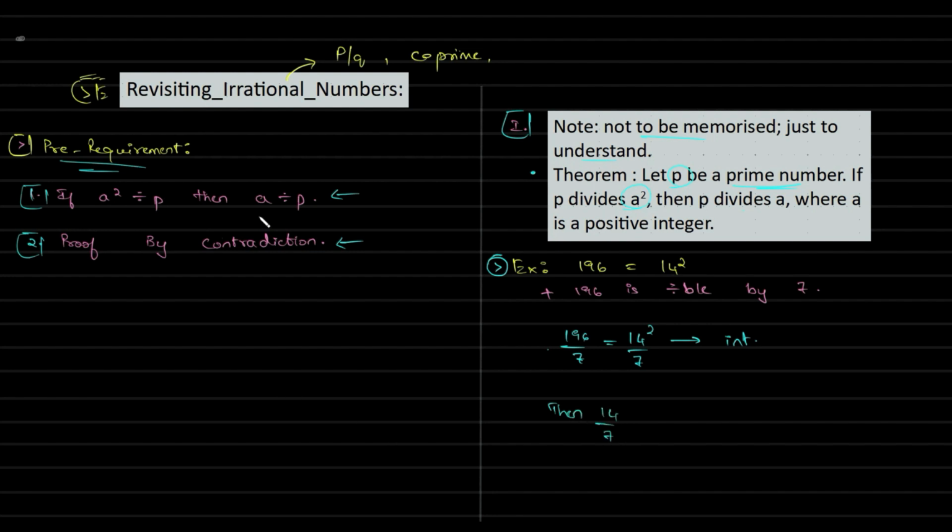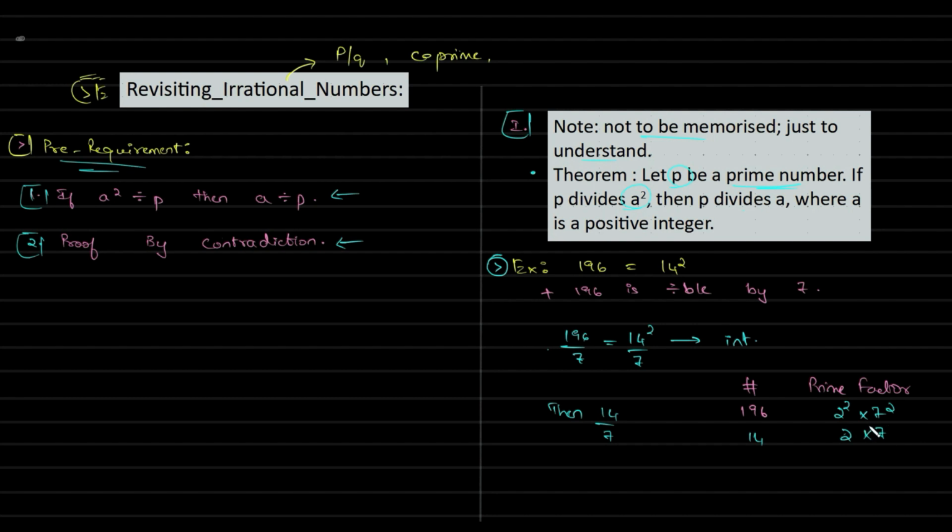Make sense? See, the point is 196 is made up of, in its prime factor form, 2 square into 7 square, and 14 will be 2 into 7. So by default, 7 will be one of the prime numbers.